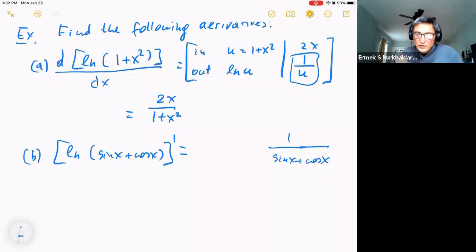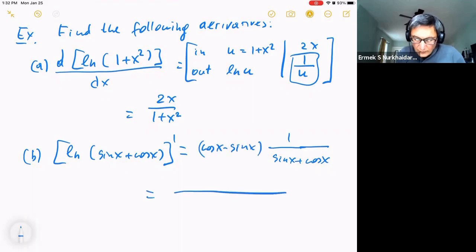And for the derivative of the inside function, the derivative of sine is cosine, the derivative of cosine is negative sine. And we will write that as a big fraction, cosine x minus sine x over sine x plus cosine x. That's going to be the answer for B.